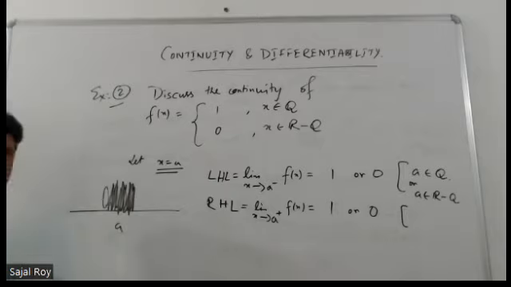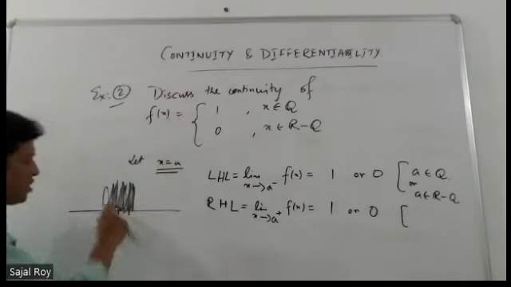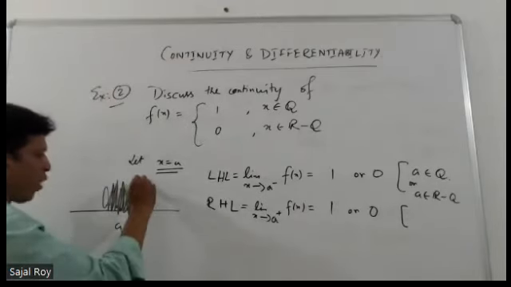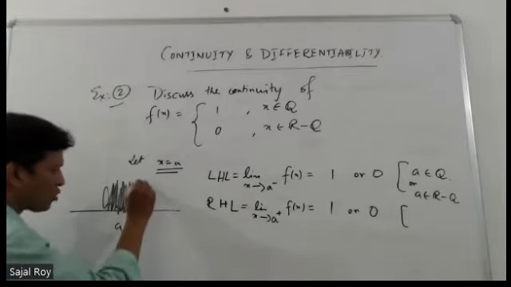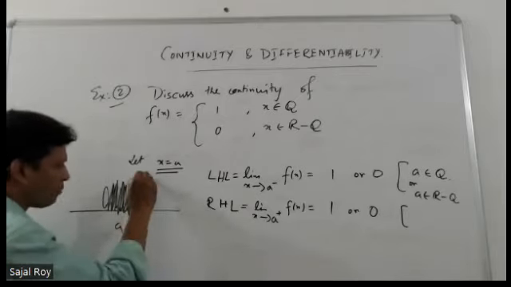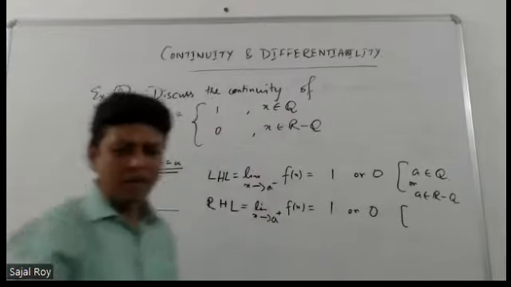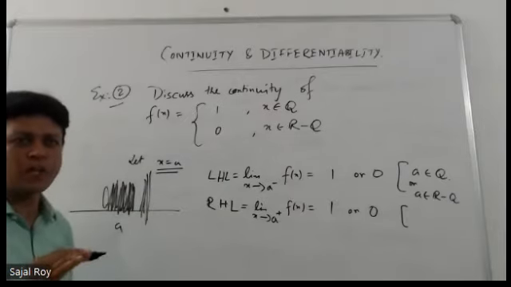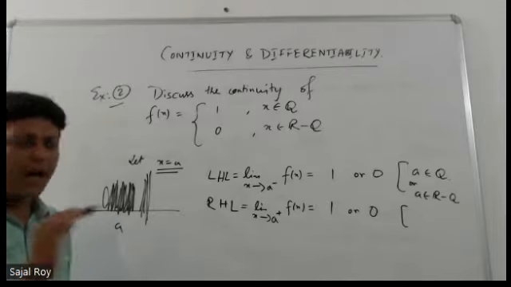If it is rational, it will jump to 1. If the next value is irrational, very close, it will come down, then go up, come down, go up. So quick fluctuation, very dense. You cannot capture the picture of that.